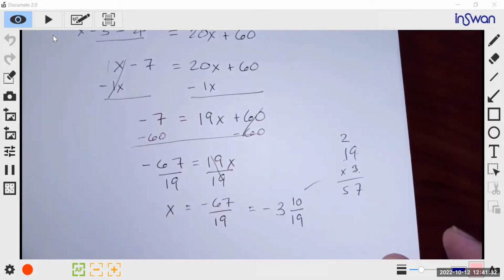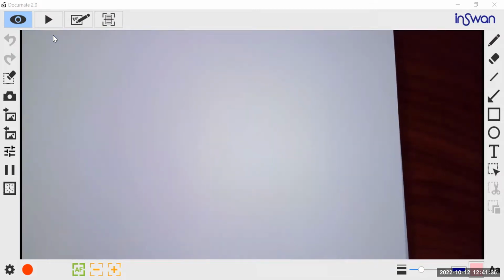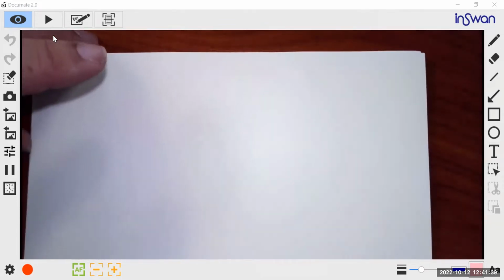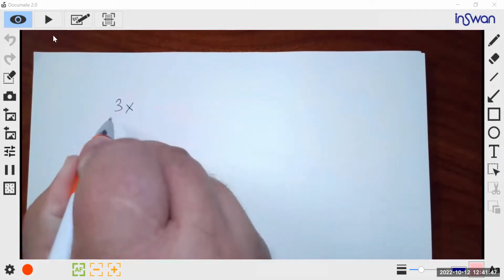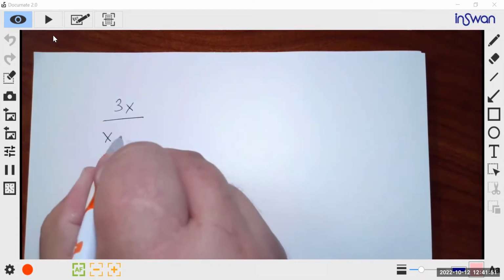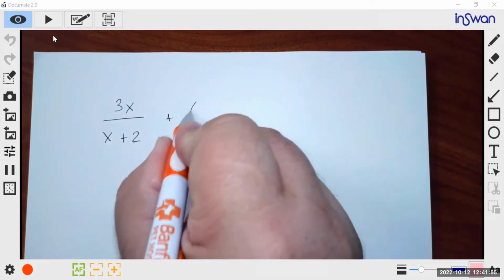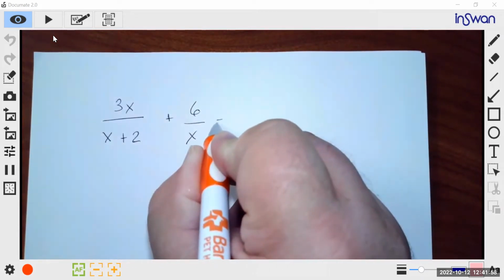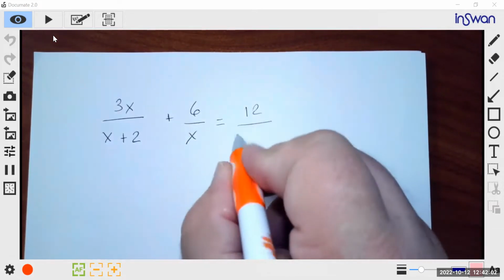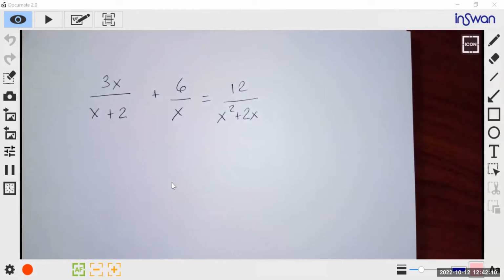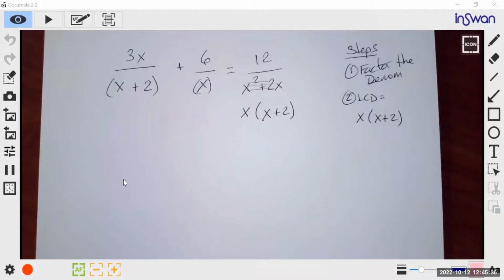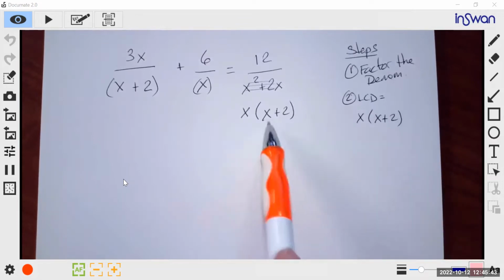You want to try another one? So we factor out the denominators. From there, we can find our LCD, both x plus 2's and x.